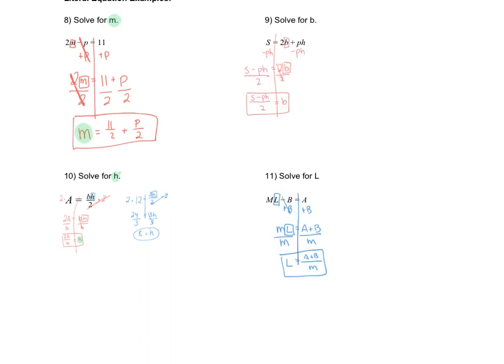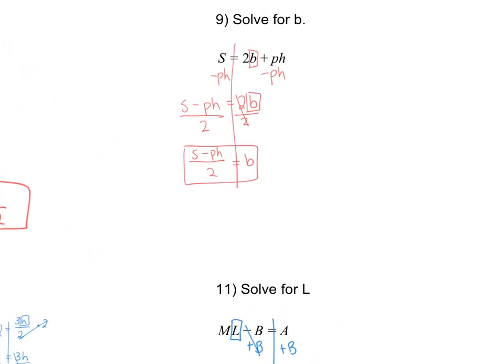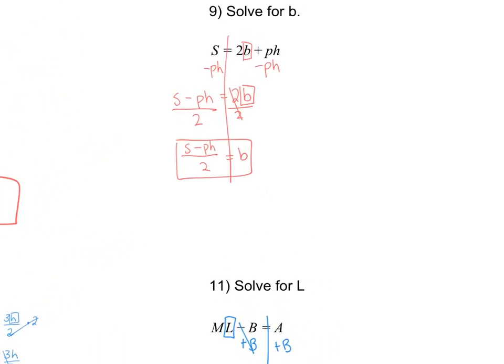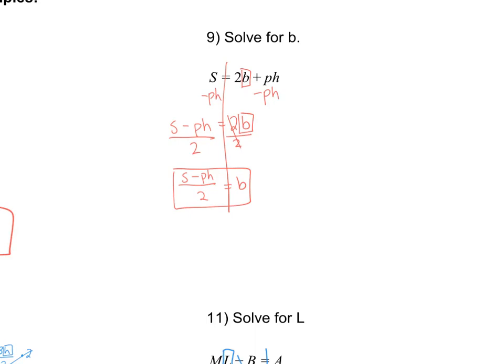All right, so let's go ahead and take a look at numbers 9 and 11. So hopefully you paused the video and actually tried those on your own. Let's check our answers. Number 9, we are trying to solve for b. So we're trying to get this b by itself right here. Okay, so the first thing I did is I subtracted pH from both sides.